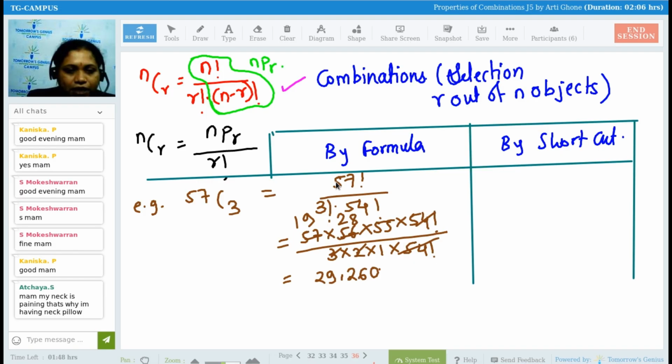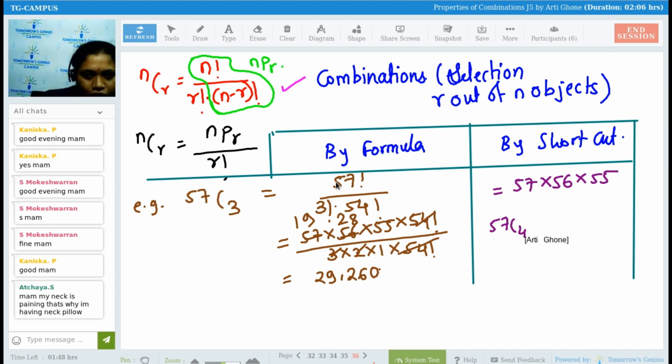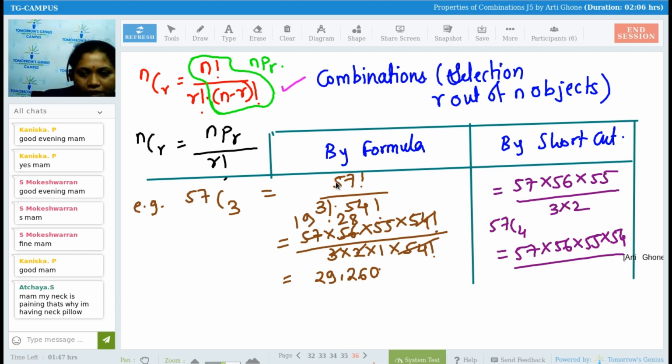Now with combinations we can directly proceed as we do in permutation. See how. 57 and the r value is 3, so you have to write down 3 consecutive terms, because the r value is 3. If it is 57C4, then what are you going to do? 57 into 56 into 55 into 54, upon directly 4 factorial, which is 4 into 3 into 2. For 3 factorial it is 3 into 2. Clear? And then you are going to solve.